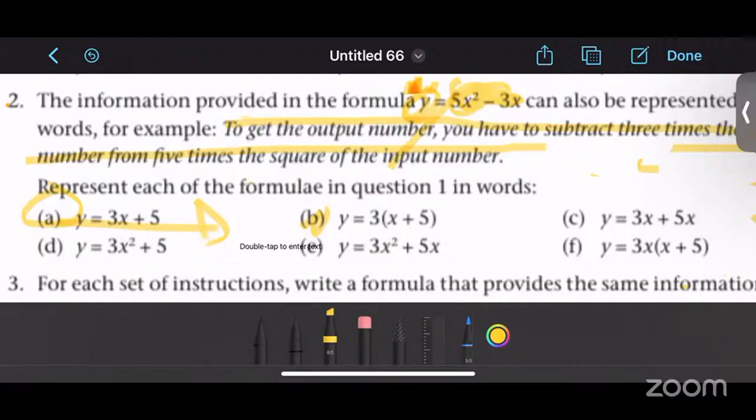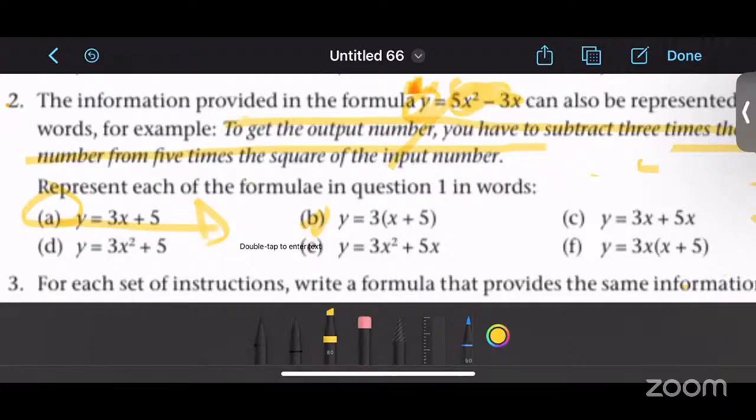Is that clear? And then for C, to get the output number, you have to do what? You have to times 5 with the input value, then add it to 3 times the input number. Do you guys get that? Ma'am, may you please repeat that?